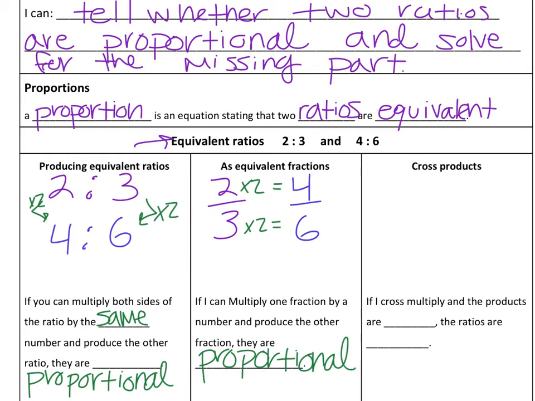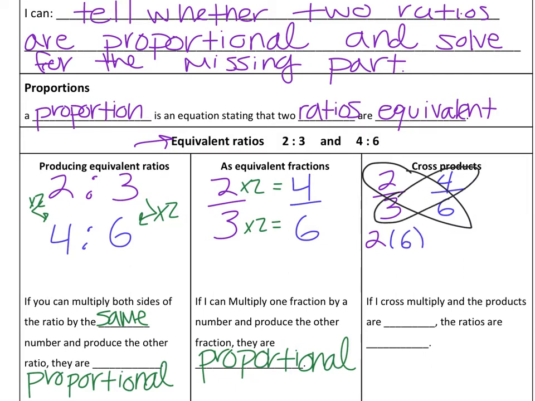Okay, and then there's a process using cross products, and this is my preferred method of telling if things are proportional. So first they have to be in fraction form. Okay, and we want to know if they're equal. So I'm going to cross multiply. I'm going to take 2 times 6 and 3 times 4.